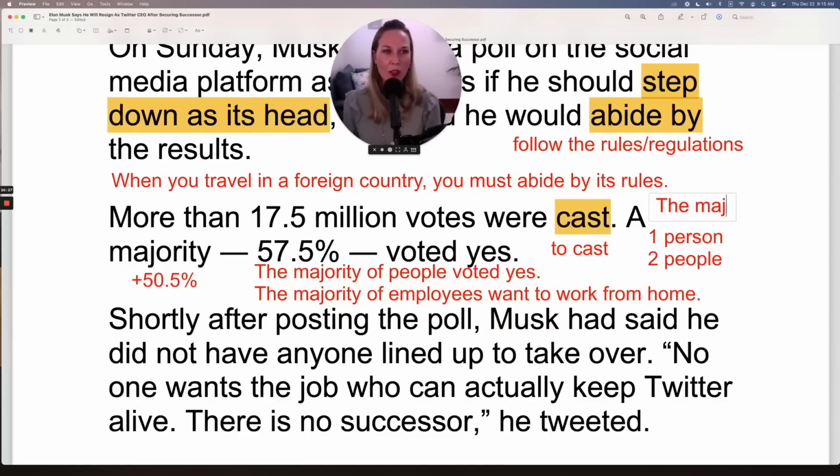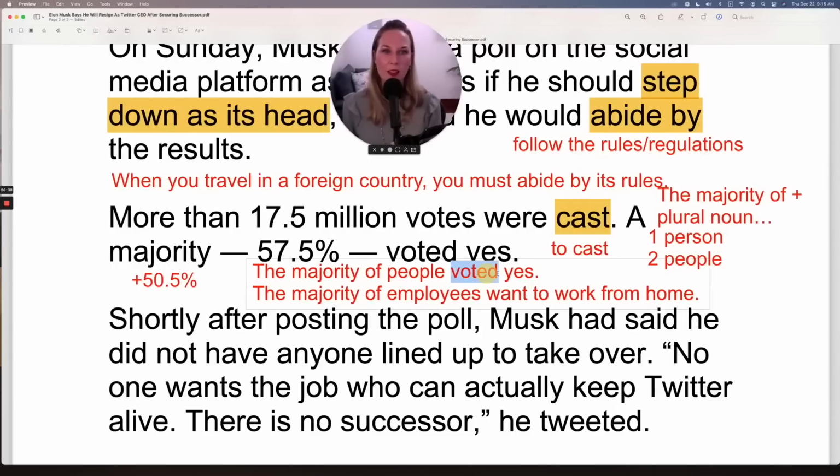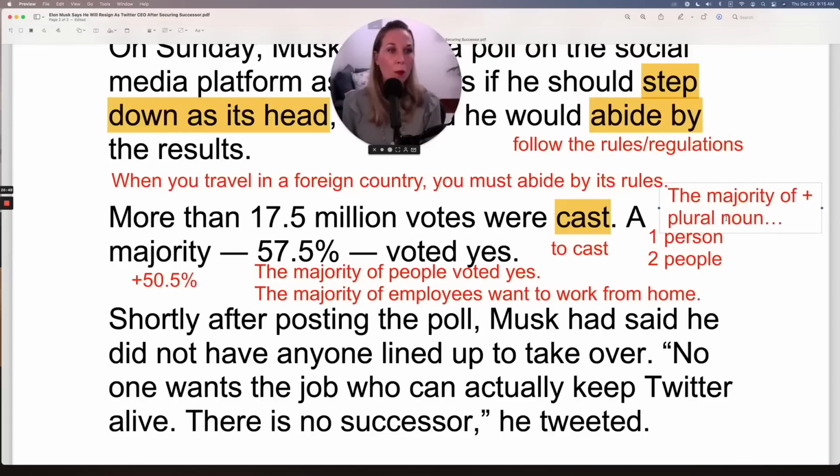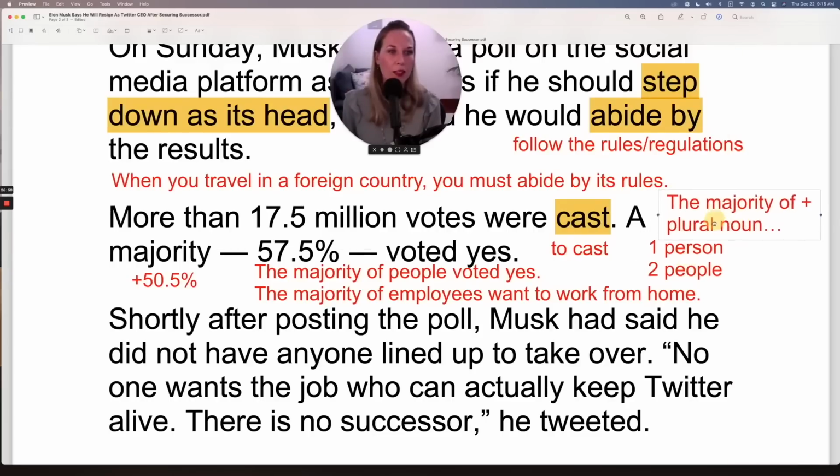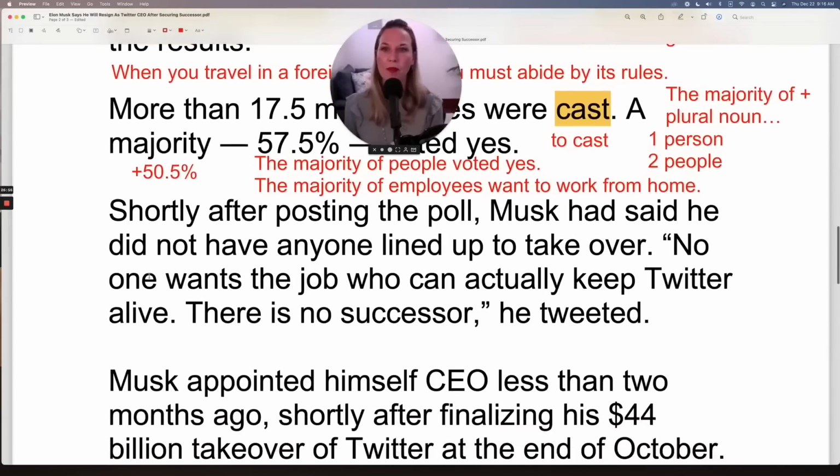The majority of, and then you need a plural noun. And then after that, you can have many different verb tenses depending on the sentence structure. So that can be flexible, but you want a plural noun with this. Okay, so that's a useful sentence structure for you.